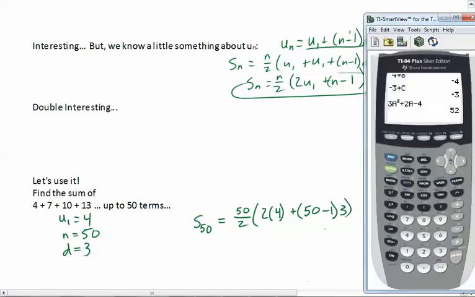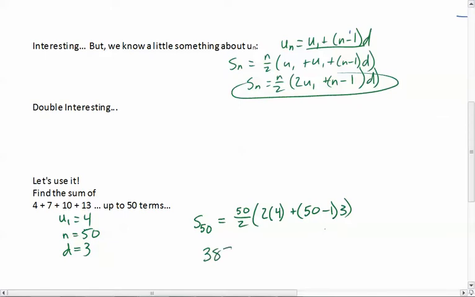And so now we can pull out our handy-dandy calculator, and we're just going to type in 50 over 2 times, now 2 times 4 is 8, and then plus, and then 50 minus 1 is 49 times 3, and I push enter. It gives me 3875. That is the sum of the first 50 terms of this sequence.